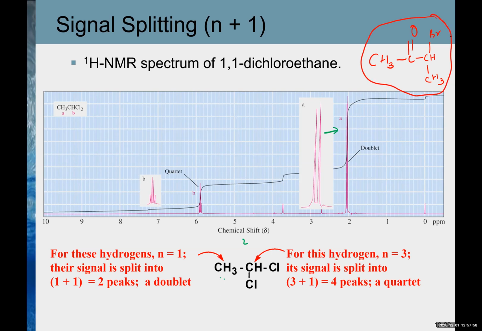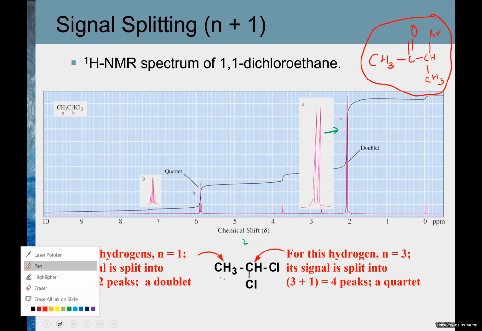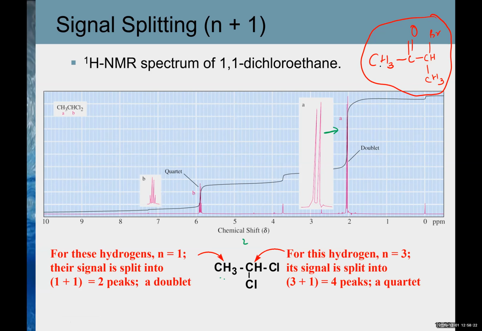How many equivalent hydrogen groups are present? Or in other words, how many signals will be obtained from the NMR spectrum of this compound? 3. So one from each CH3 group, right? So it's one from this group, the other one from here, and then the third one from here.